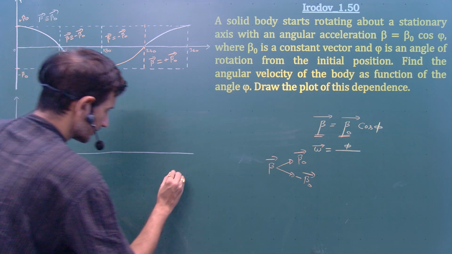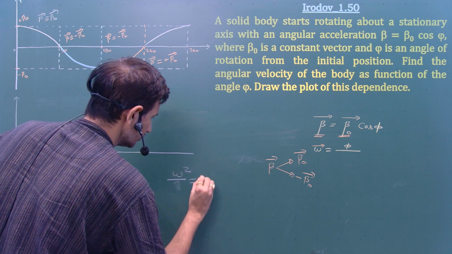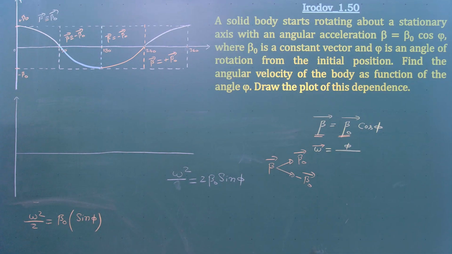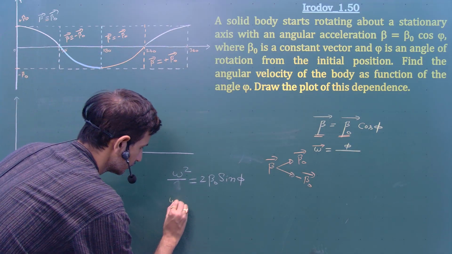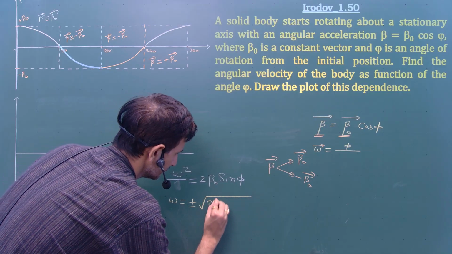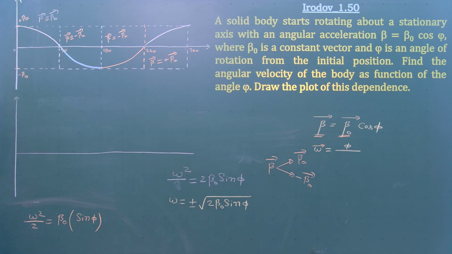Omega square should be equal to 2 beta naught sin phi. It means that sin phi cannot be negative. Sin phi should be positive. But from the direction we can count it as plus minus both. So omega can be equal to plus minus under root 2 beta naught sin phi.